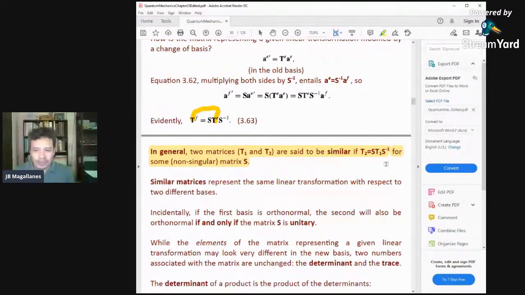Then if you apply it to a matrix, it gives you another matrix. Those two matrices are then similar matrices.